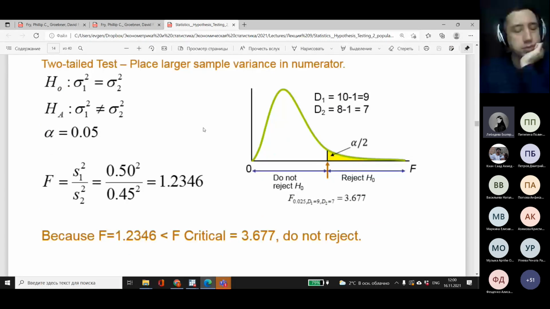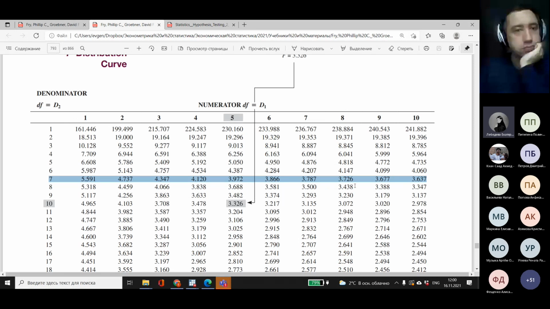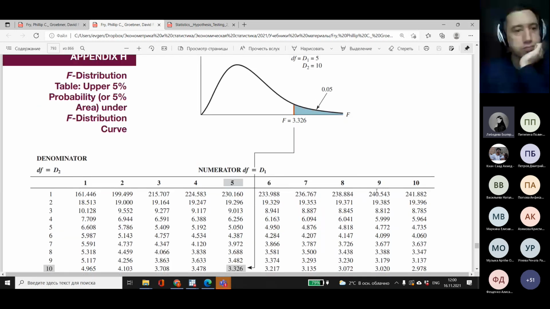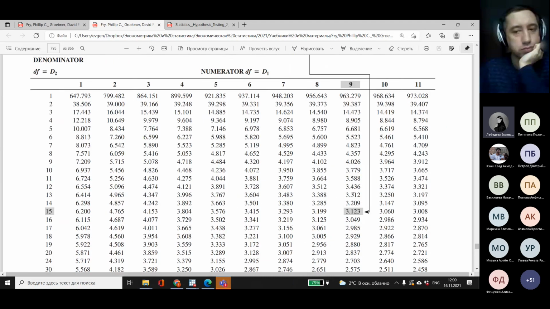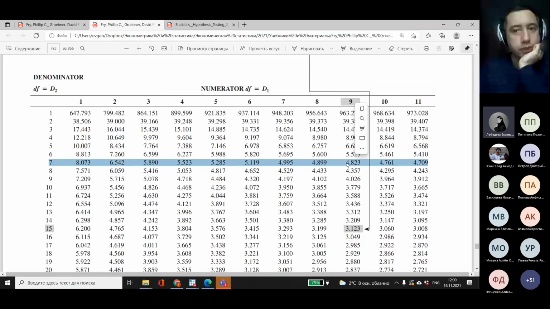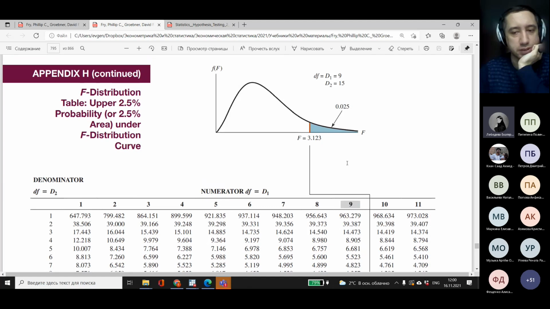If we look in our table with 2.5%, we will have in this intersection 4.823. In my slide, the critical value is for the 10% confidence level, not for 5%.